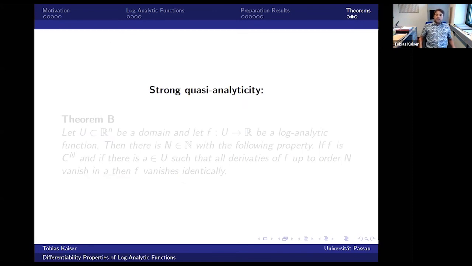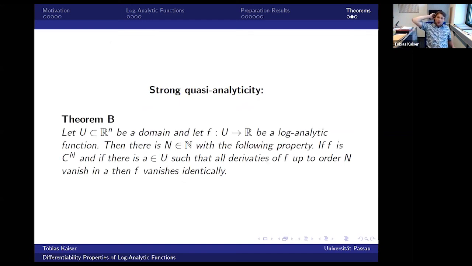Next result. We have really strong quasi-analyticity. Theorem B. So let U be a definable domain in R^n, and f from U to R be a log-analytic function. Then there is a natural number big N with the following property.